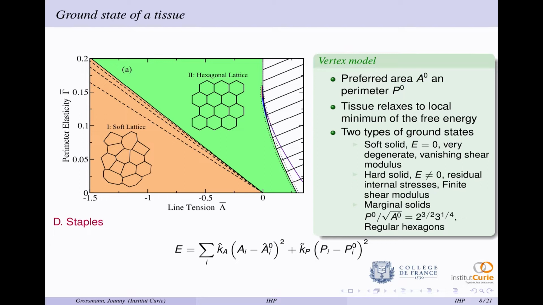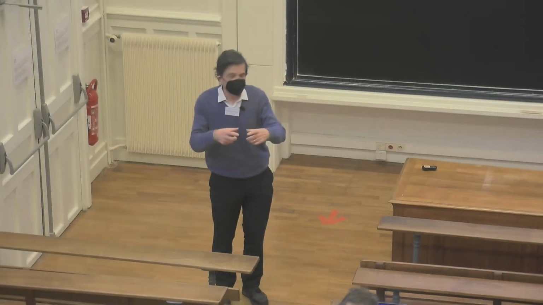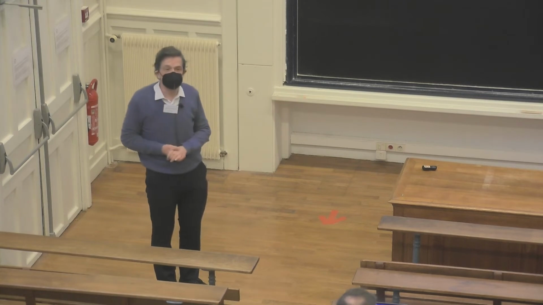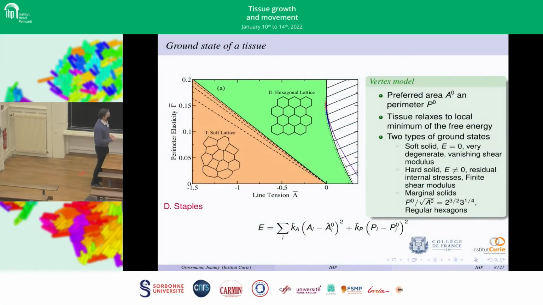If you go to small perimeters, then to minimize the energy, you have to make a cell which is the most isotropic as possible, and you can show that in this case you make hexagons. You can make them to the area which is A0, however, you cannot make the perimeter.